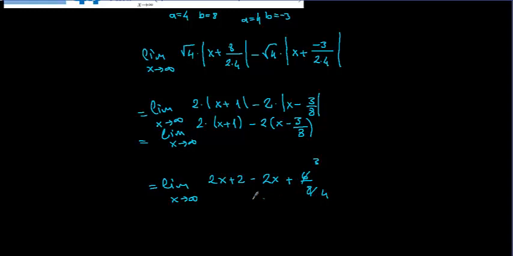Pardon, this is going to be plus 2x and minus 2x. We simplify, and the answer is going to be equal to the limit of 2 plus 3 over 4, that's 2 times 4, 8 plus 3, 11 over 4. Here we don't have any variable, that's why the constant value is accepted as the limit value.